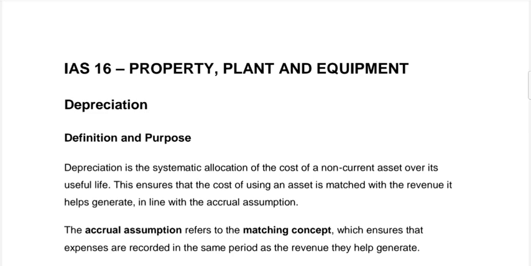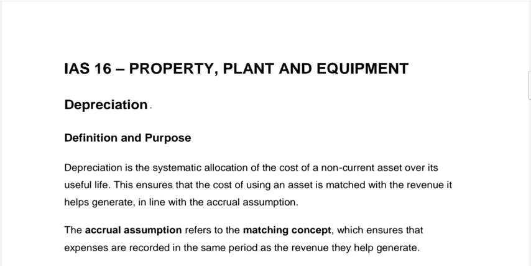Now, in the previous session, we had talked about the initial recognition of assets, how the entity recognizes the asset under IAS 16. Once the entity recognizes the asset in their books, subsequently they have to make a charge against that asset, which is known as depreciation.